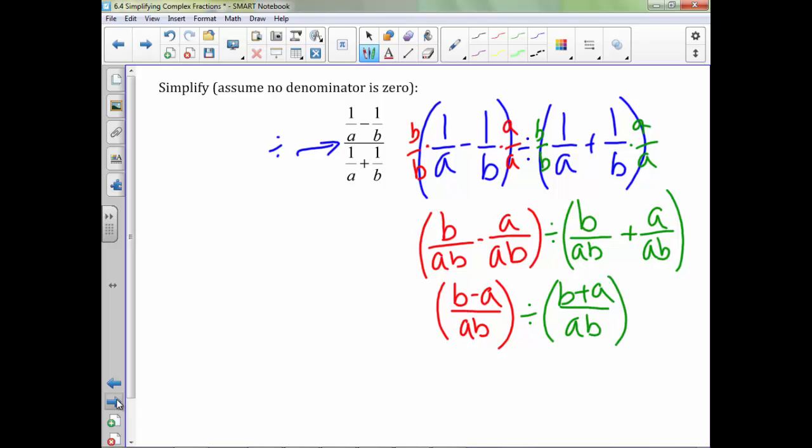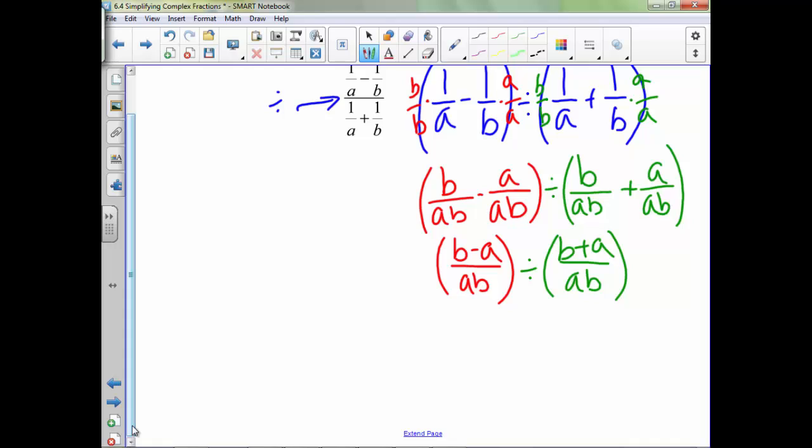And now that we have one fraction divided by a fraction, we can change this to multiplication by the reciprocal. So this would be what we did in last section. So we'll have times ab over b plus a.